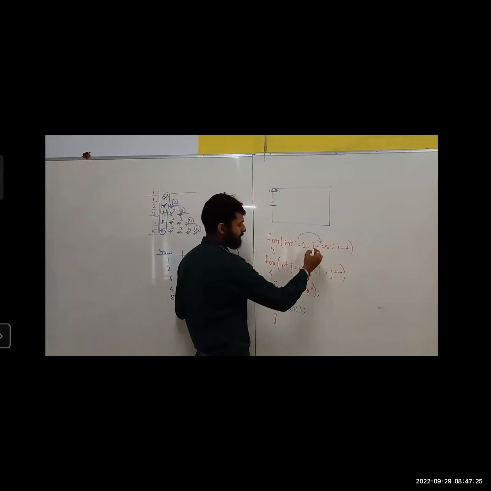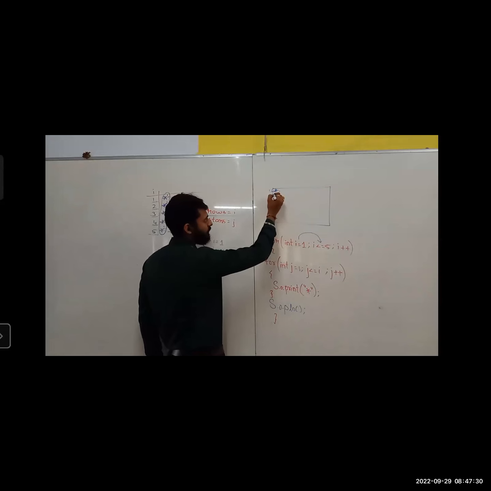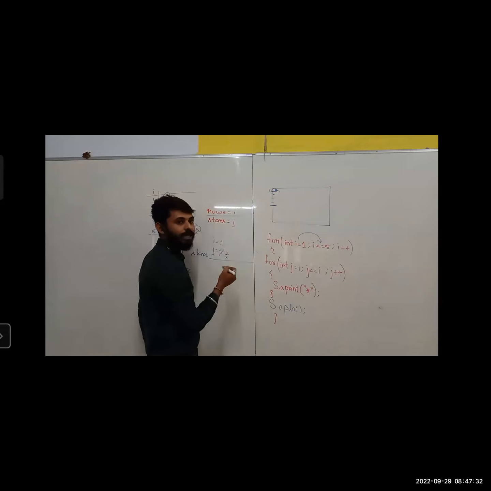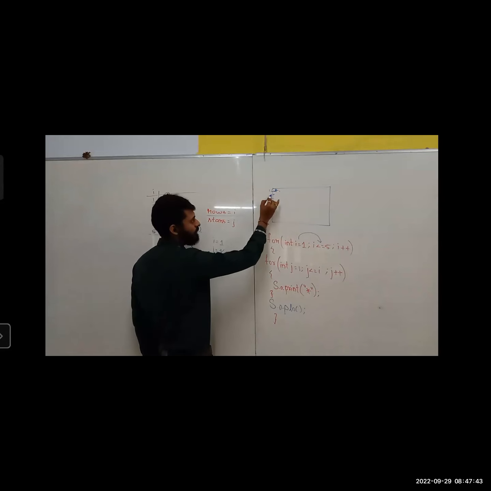Now, this part is done. So now what will happen? System.out.println, because of that the cursor will come here. Next, it will go for the outer loop. I plus plus, which means 1 is done, 2. 2, is it less than or equal to the limit? It does not mean that you considered this row.